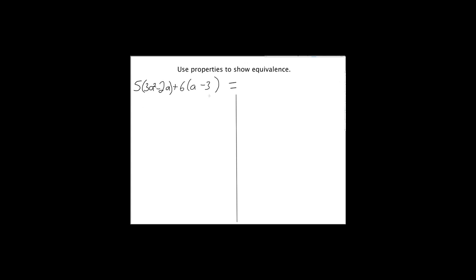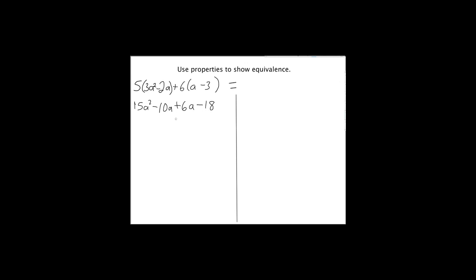We start with the distributive property. So 5 times 3a squared is going to be 15a squared, minus 2 times 5 is minus 10a, plus 6a, and 6 times a negative 3 would be minus 18. I'm going to combine like terms.